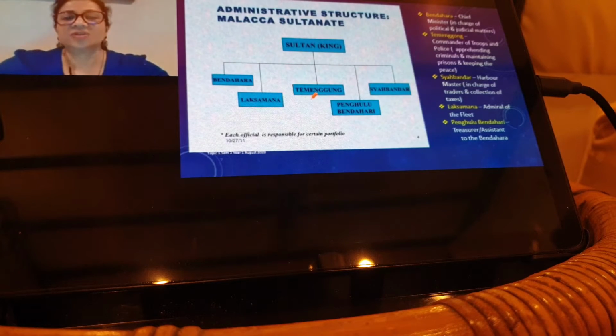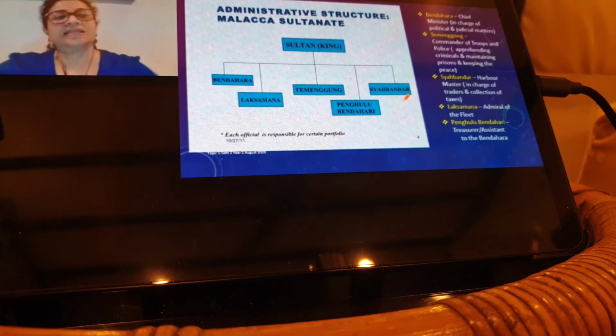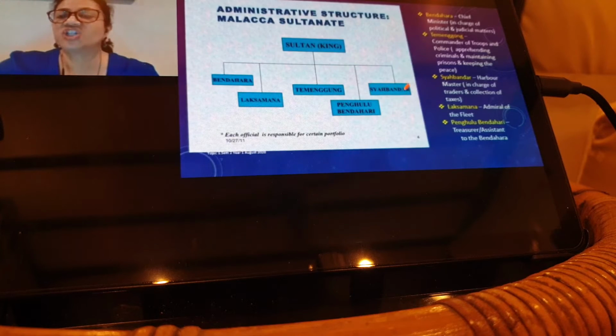Then you have someone known as the Shah Bandar, who is the harbor master, because Malacca is a port, and it's a very busy port and it was doing very well. So you needed someone to oversee the port. So you have a Shah Bandar in charge of traders and also collection of taxes.